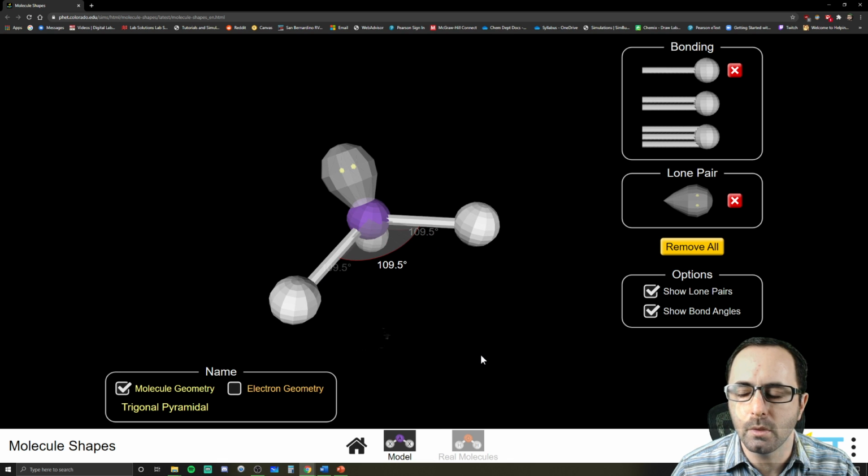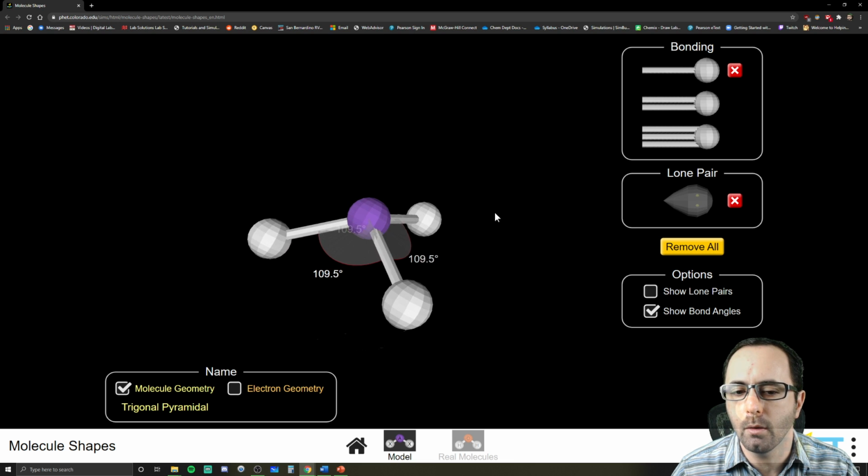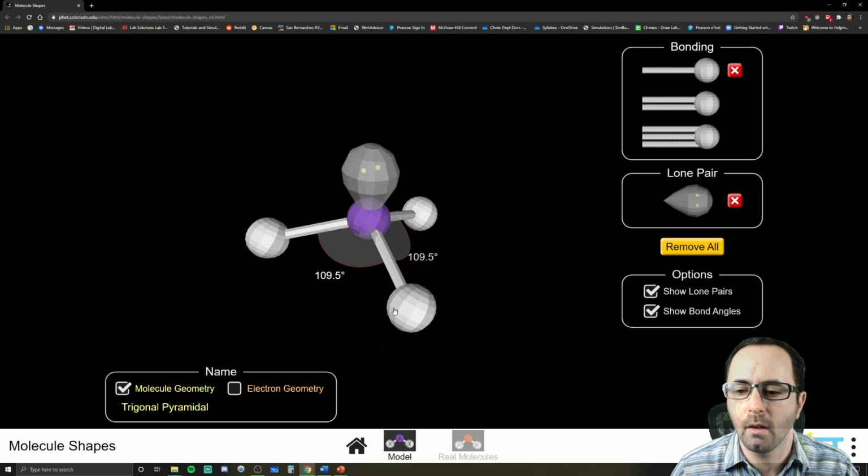A really, really cool simulation. You can choose to show the lone pairs or not. This molecule has this trigonal pyramidal shape because the lone pair takes up some space up here, but it's not included in the name of the shape. If you put on electron geometry, it shows tetrahedral, because it's including the lone pair in the shape.